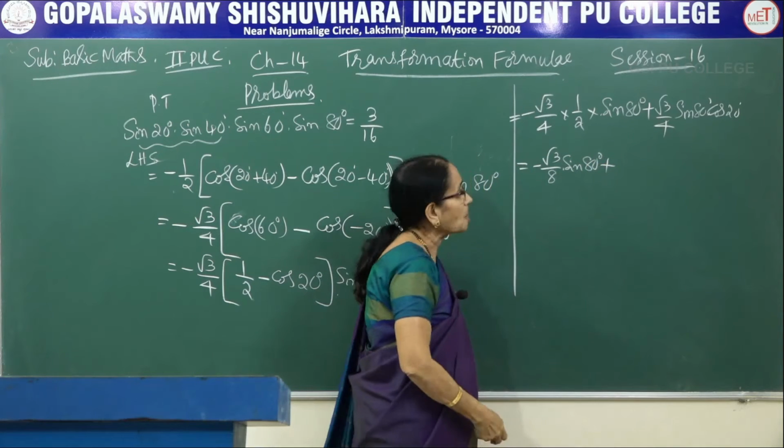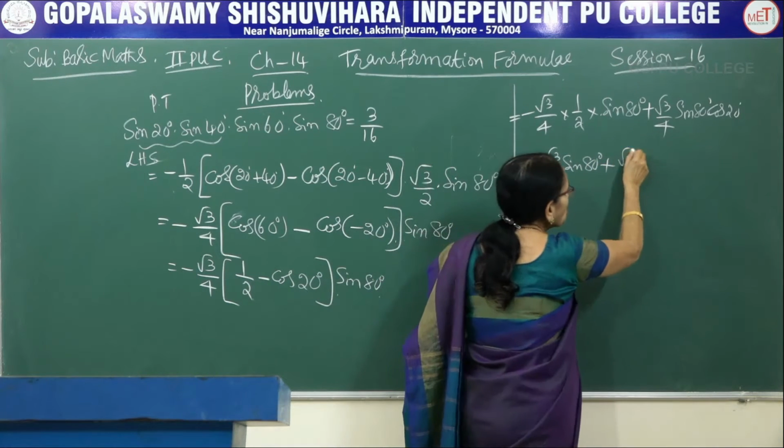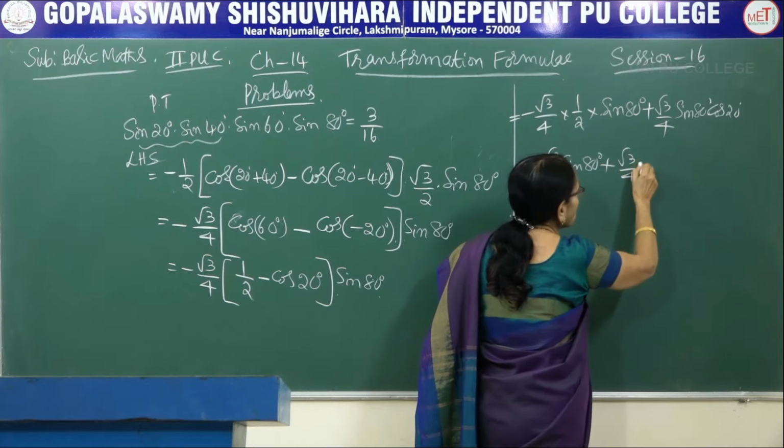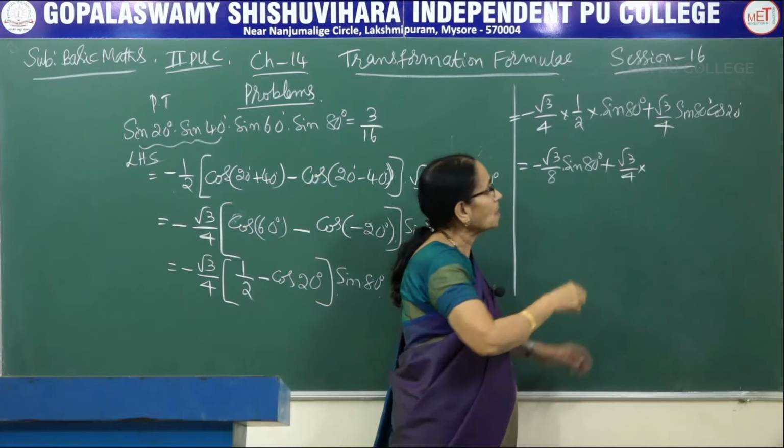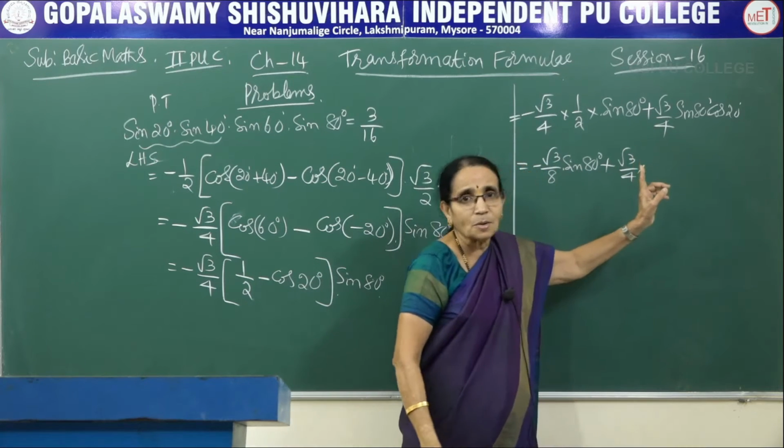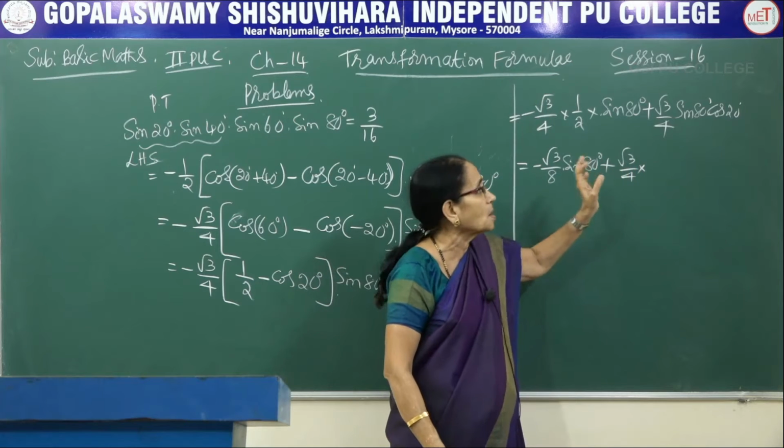Next one, minus of minus is plus root 3 by 4 into sin 80 into cos 20. Write root 3 by 4 as it is. Now look at the other two terms here. It resembles the formula sin A into cos B.